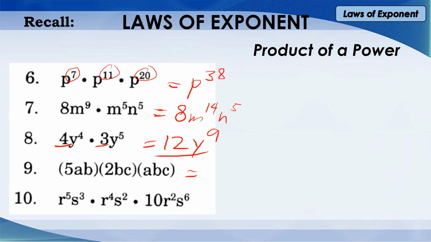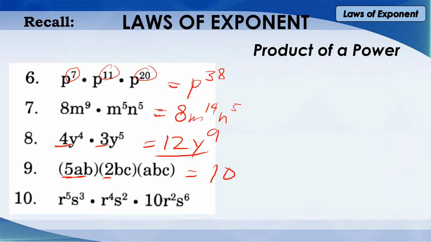The next example, we have 5ab times 2bc times abc. Okay, let's continue. First, we're going to multiply these. Let's take the 5 and the 2bc first. So 5 times 2 is 10.